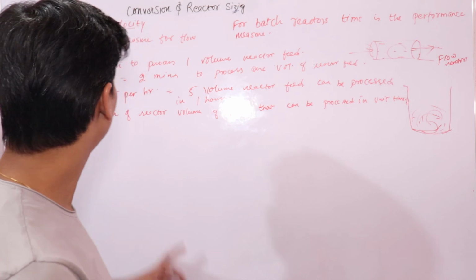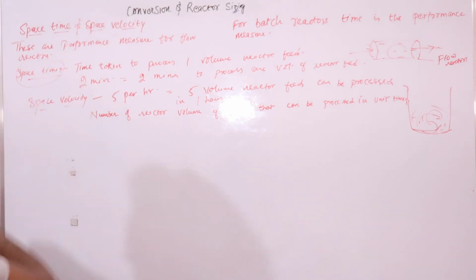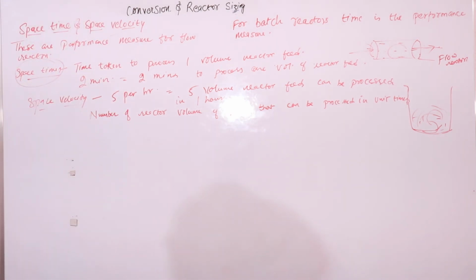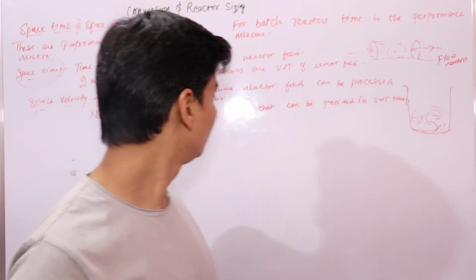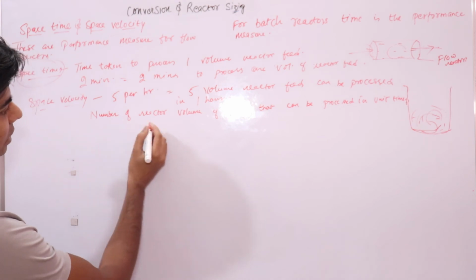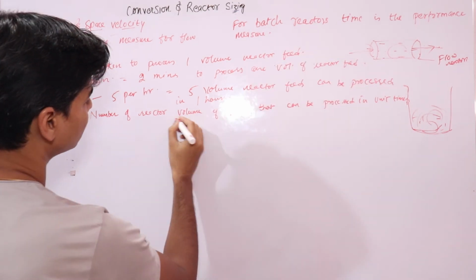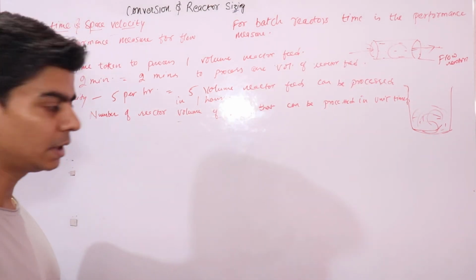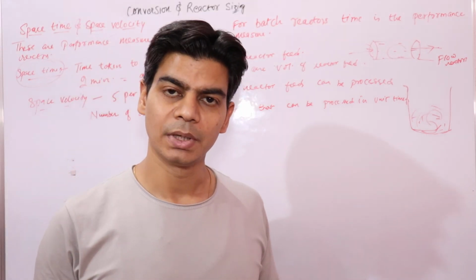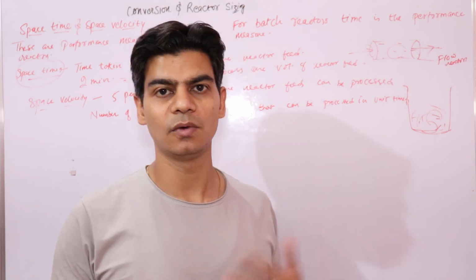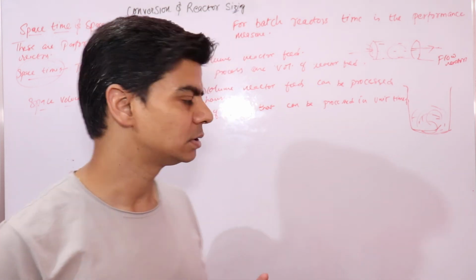So these are two performance measures: space time, that is how much time this reactor takes to process one volume of feed, and space velocity, how many volumes of feed can be processed in 1 hour. These are two factors, right?